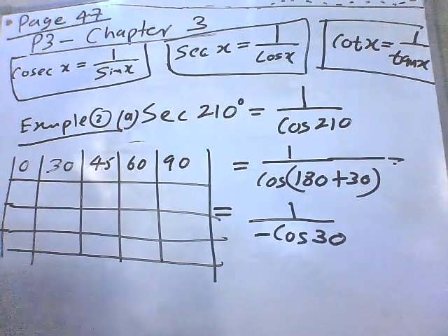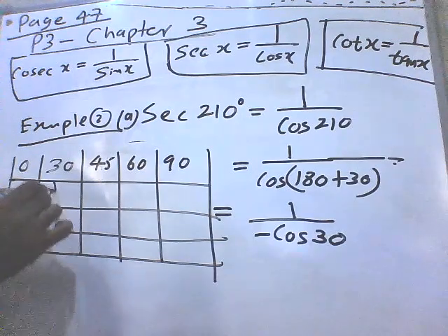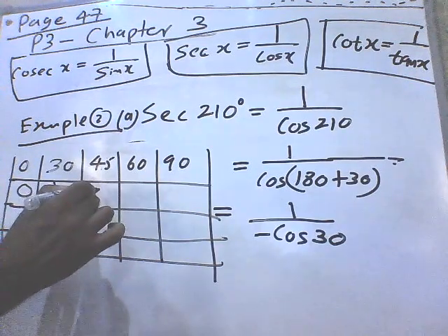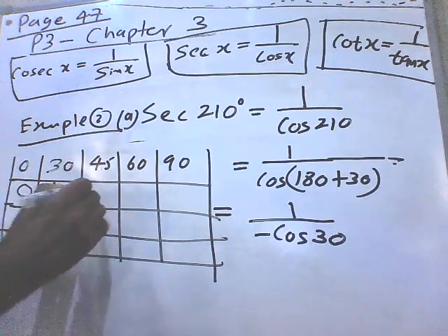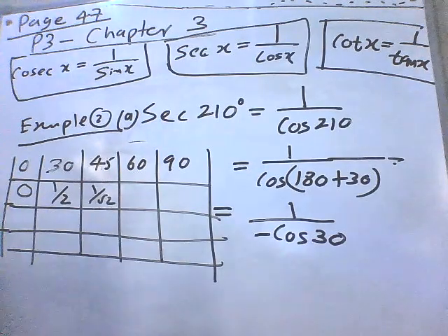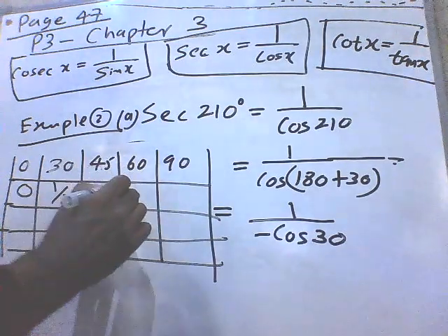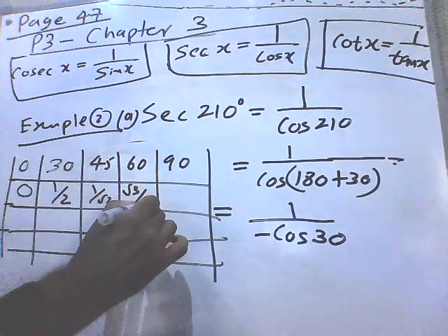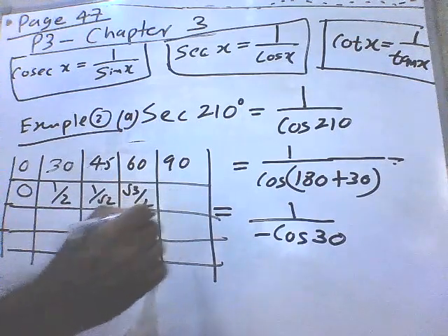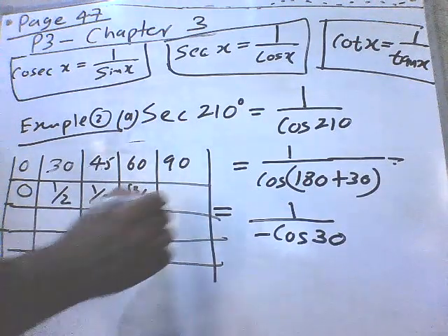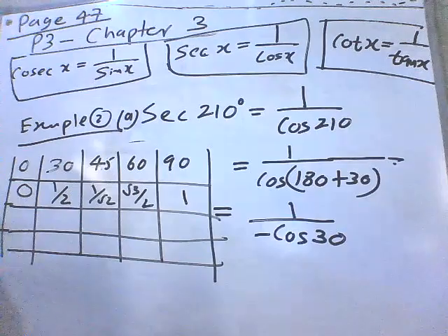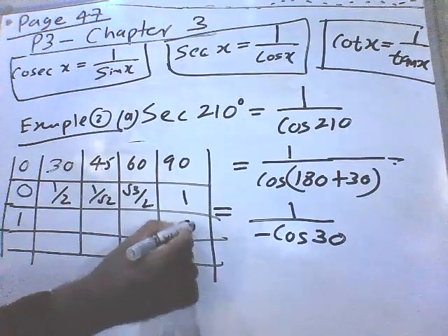Now I don't have time to explain. So sine 0 is 0, sine 30 is half, sine 45 is 1 over root 2, sine 60 is root 3 over 2, sine 90 is 1, and cos 0 is 1 and cos 90 is 0.